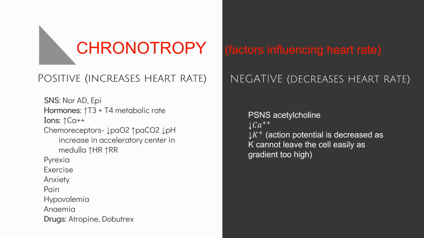Those two are very powerful chronotropic agents that increase your heart rate. Anything that works on your beta receptors, and remember they're divided into beta 1 and beta 2, will increase your heart rate.